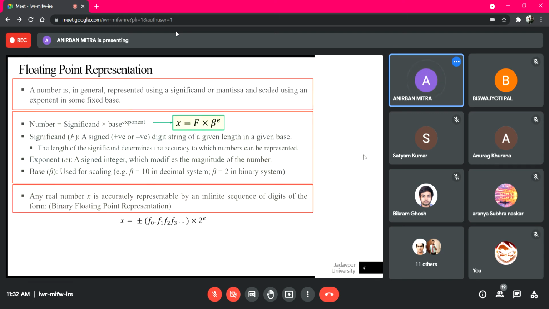If we consider binary representation, then of course this base beta can be replaced by 2. We have written out the significant or the mantissa in this form. So it is a string of digits. In case of binary, digits are 0 and 1. So this is basically a string of zeros and ones.